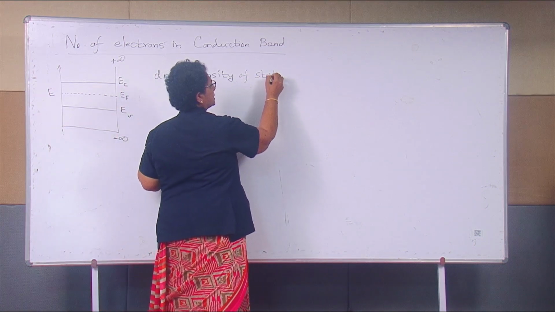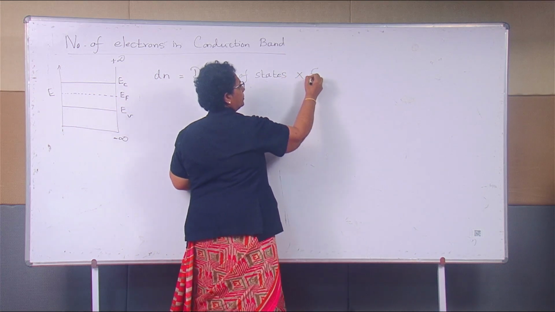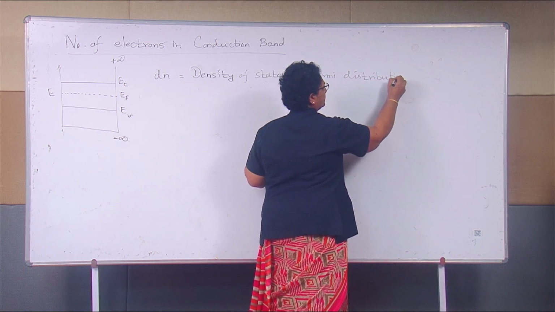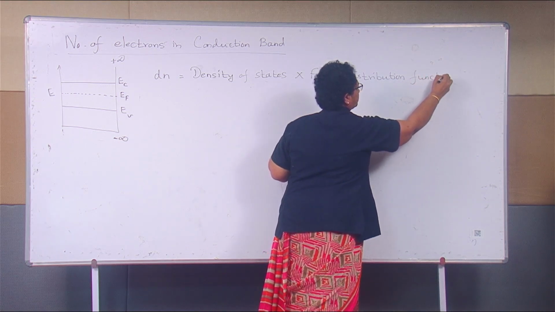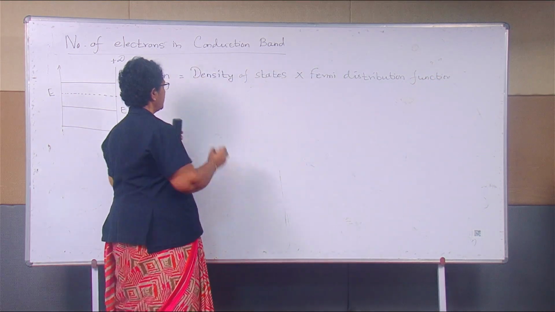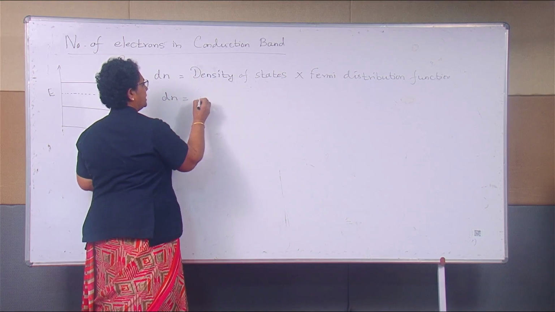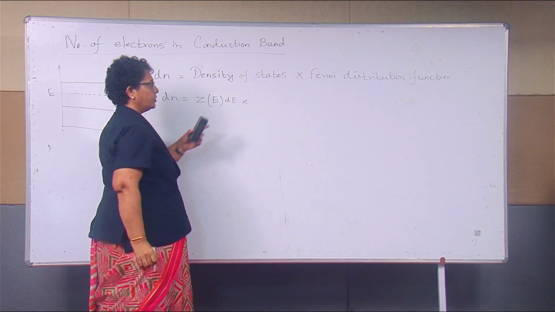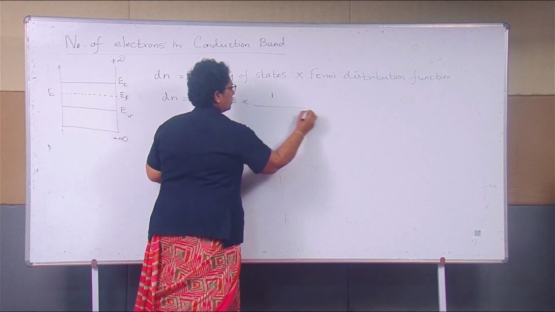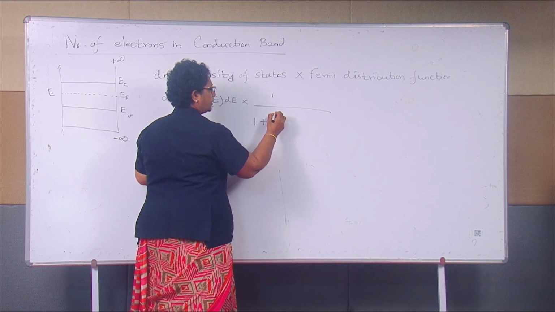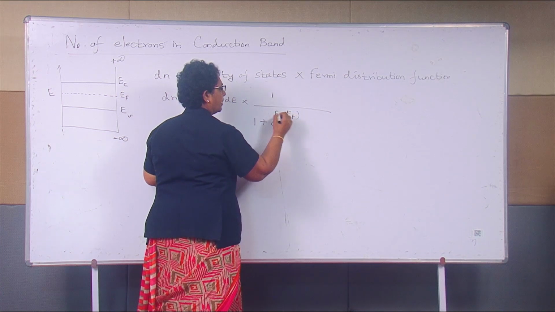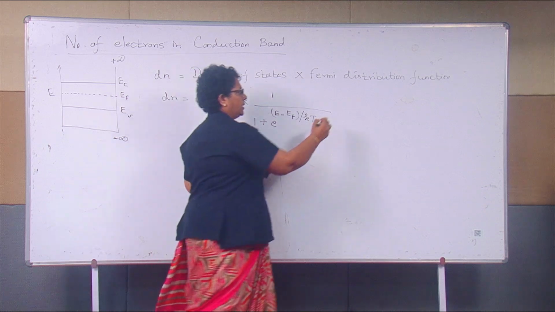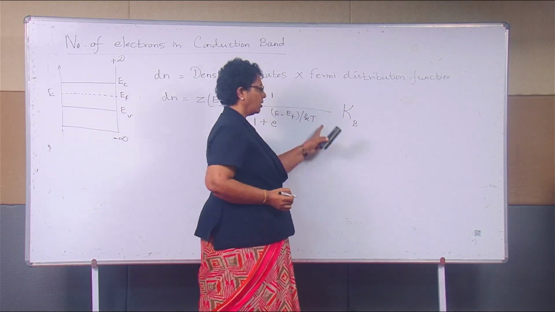So dN is given as Z of E into dE into the Fermi distribution function, 1 by 1 plus e to the power of (E minus EF) by kT, where k is the Boltzmann constant, which can be written as capital K suffix B or even as small k.